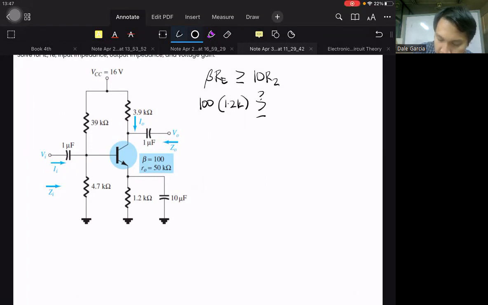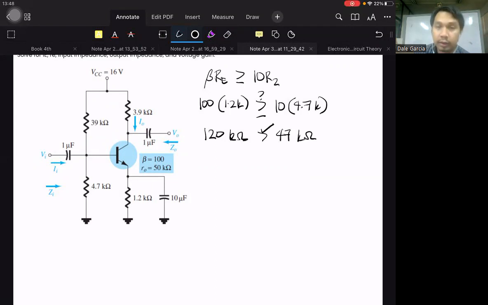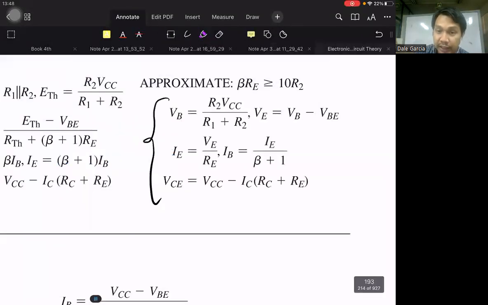Is it greater than or equal to 10 times R2? R2 is given also 4.7K, so 10 times that is 47 kilo ohms. This is 120 kilo ohms. Indeed, it is greater than 47 kilo ohms. Okay, our condition to perform approximate analysis is satisfied.